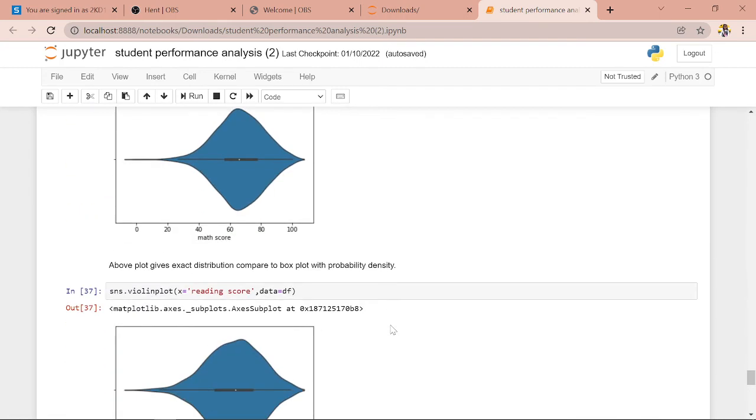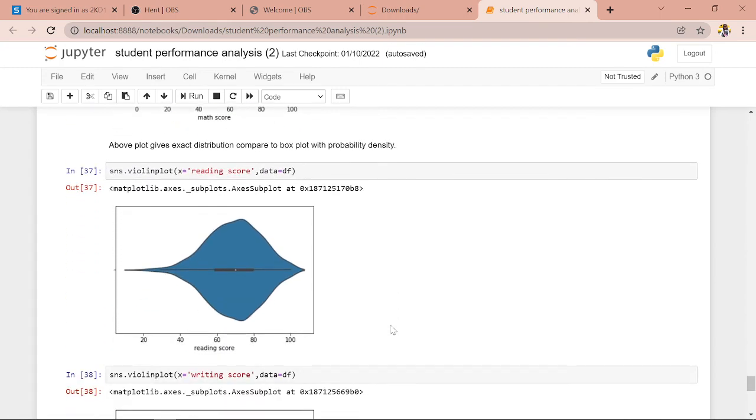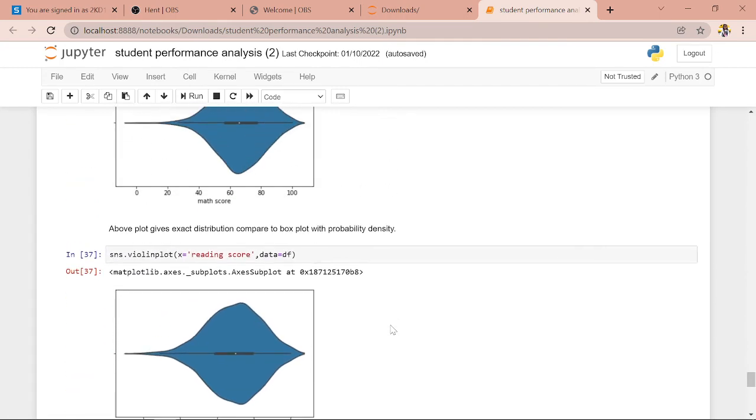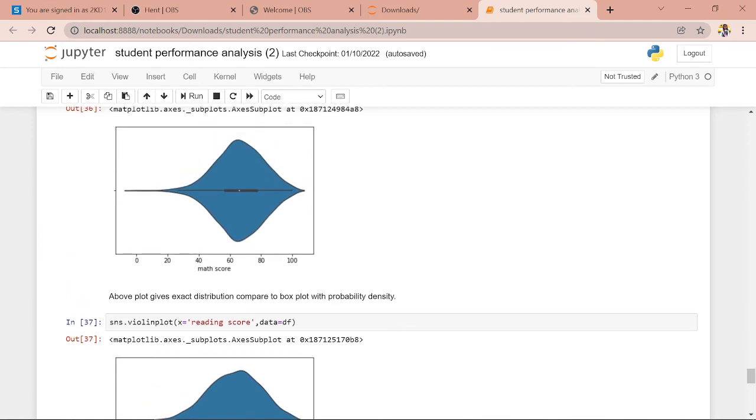This is also math score, and this is reading score. This shows exact distribution compared to box plot with a probability density.